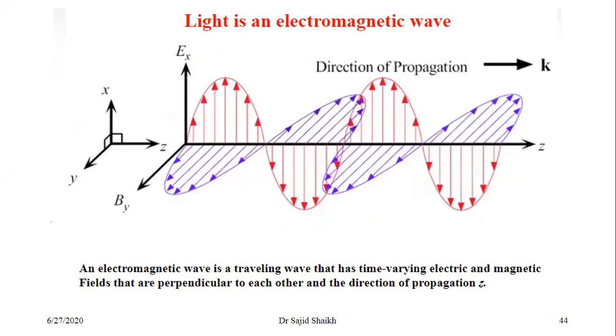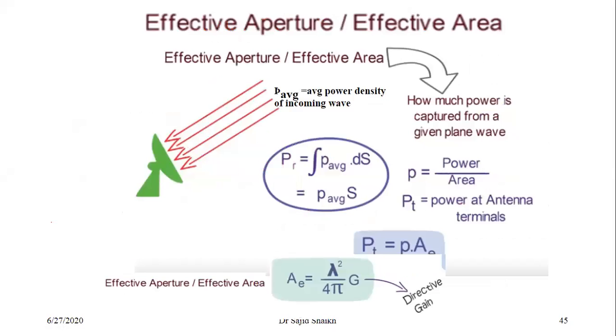In the X direction, we have the electrical energy. In the Y direction, we have the magnetic energy. And the Z direction shows the propagation of the wave. This is the equation used to calculate the amount of received power. That is, PR is the integration of power density with reference to the surface area.